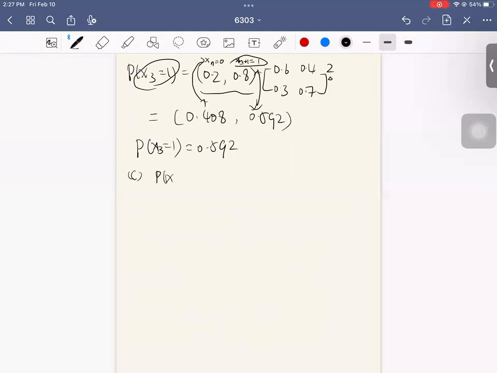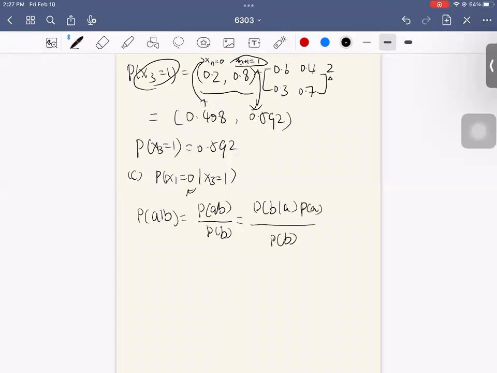And let's look at question C. It tells us to find the probability of x1 equals 0 under the condition of x3 equals 1. Since we already know Bayes' theorem looks like this: P(A|B) equals P(B|A) times P(A) divided by P(B).